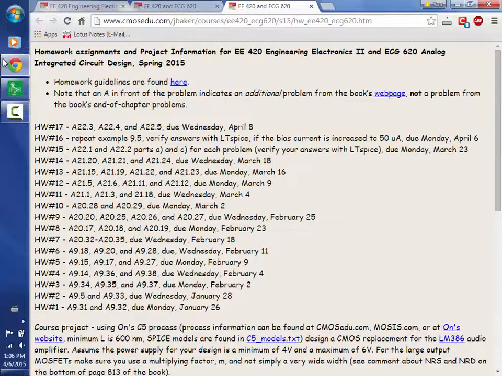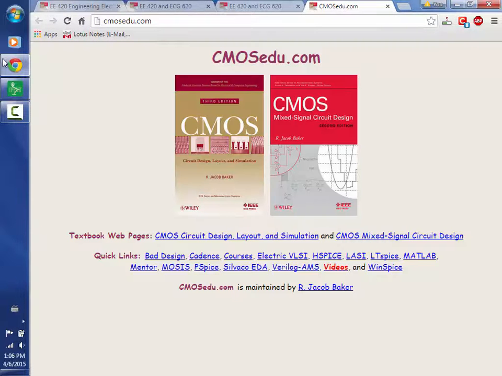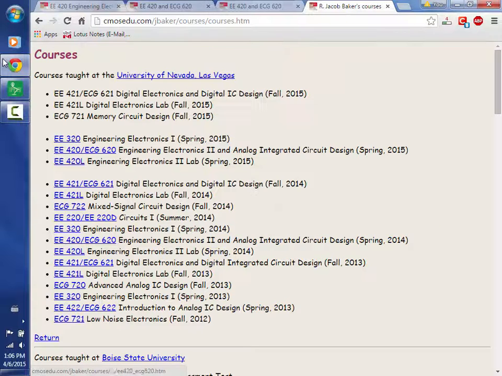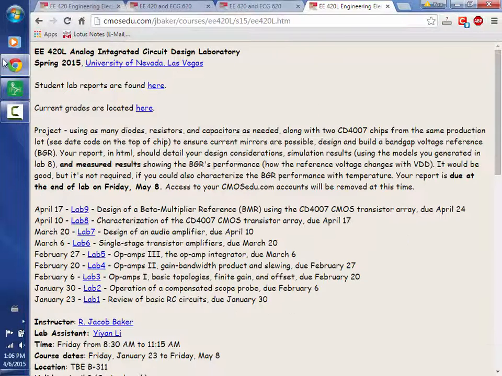Let me see, anything else? The course projects, or the lab projects, have also been posted. And again, I will be traveling the next 2 Fridays, so Yian will be supervising the labs, but everything's laid out here.